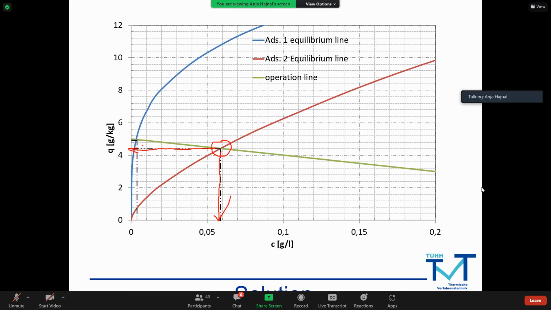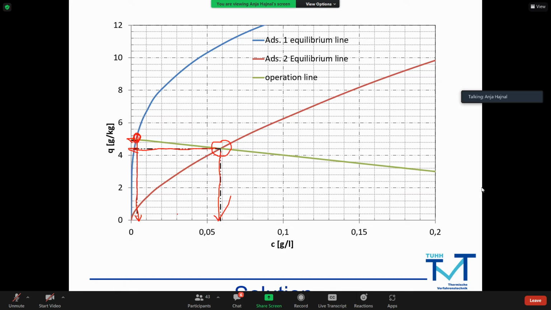For adsorber 1, we would have maybe 0.04 or so grams per liter in our solution, and we would have around 5 grams per kilogram loading.